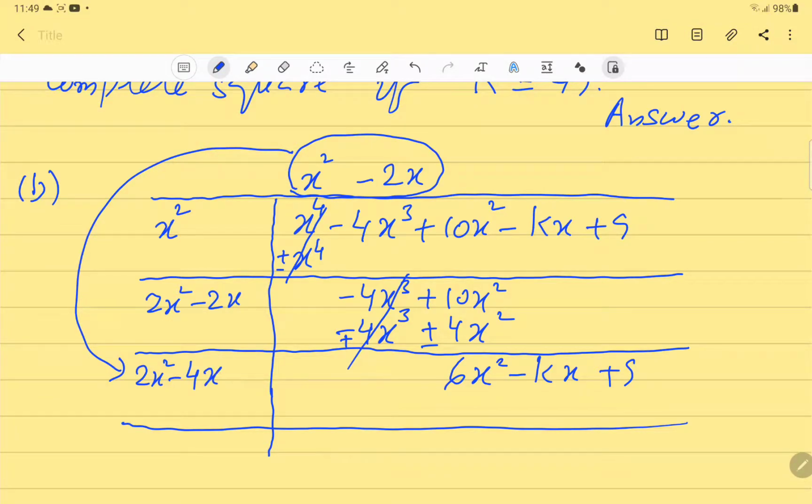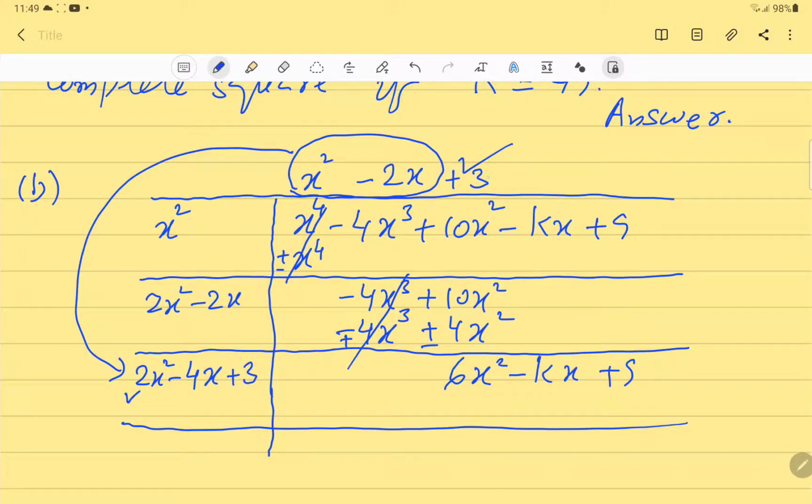Now we have to write a term over here with which, when we multiply 2x squared, it gives us 6x squared or a term which is near to this. So we see that if we multiply it with plus 3, 2x squared with plus 3 gives us 6x squared. So whatever we write in the quotient we have to write over here as well.